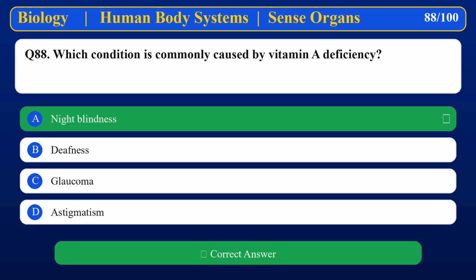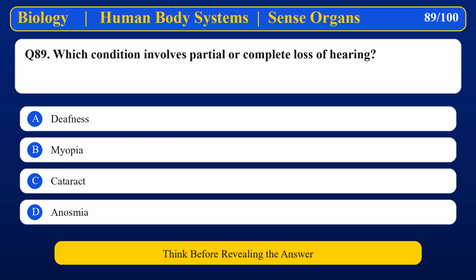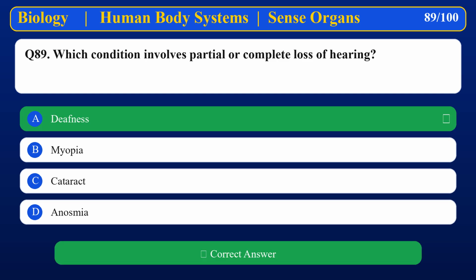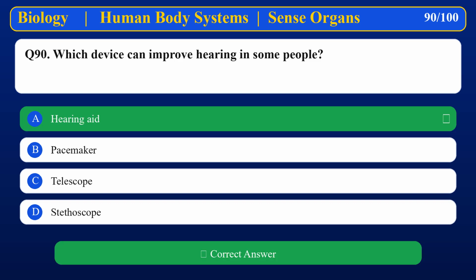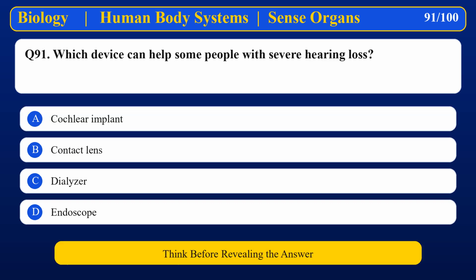Night blindness. Which condition involves partial or complete loss of hearing? Deafness. Which device can improve hearing in some people? Hearing aid. Which device can help some people with severe hearing loss?